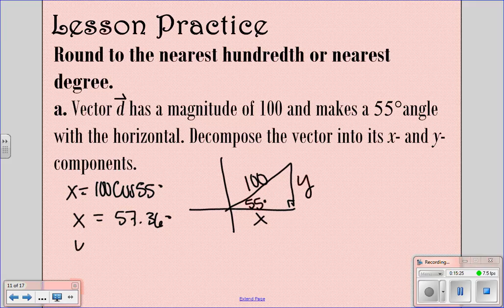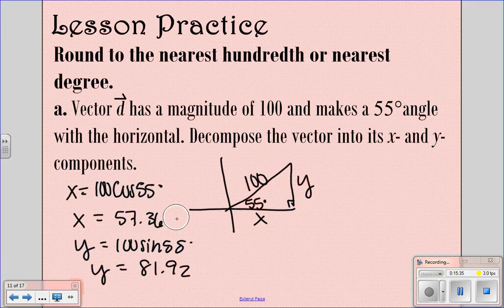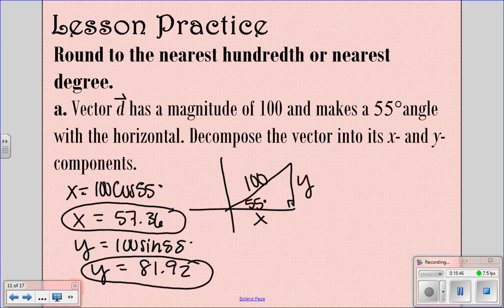And then for the y, you would do 100 sine of 55, and so your y value would be 81.92. And so you have 57.36 for your x, your horizontal component, and then 81.92 for your y, or your vertical component. And so that would be the answer there.